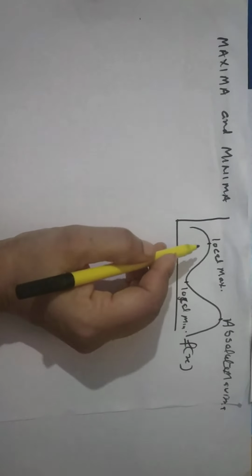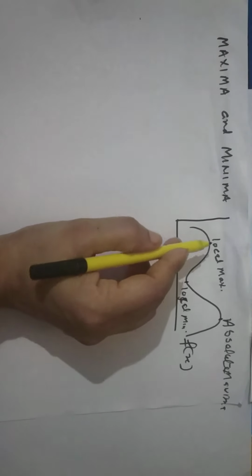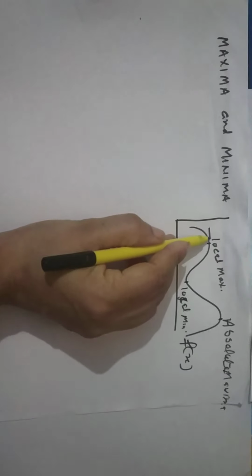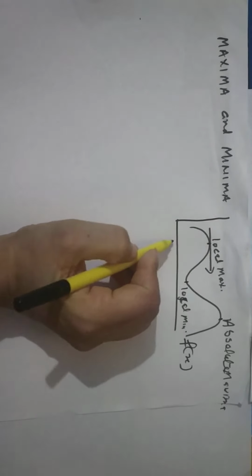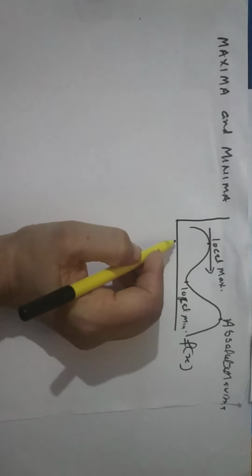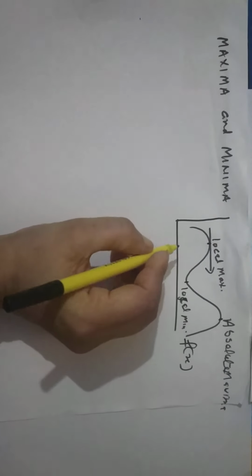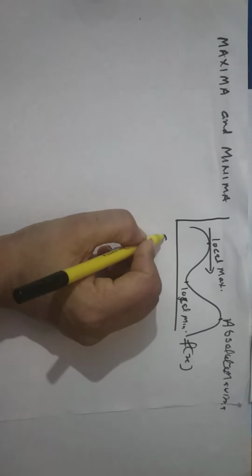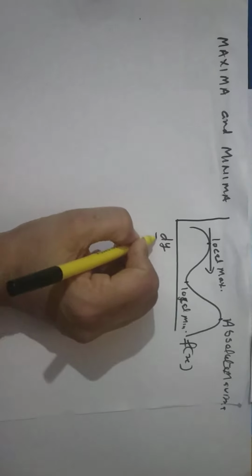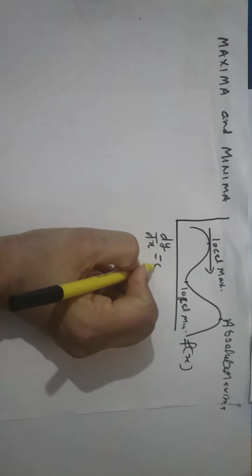Now as you can see, at this point if I draw a tangent, it will be parallel to the x-axis. That means it is making angle 0 with the x-axis. So the slope of this tangent, which we always denote by dy/dx, will be 0.